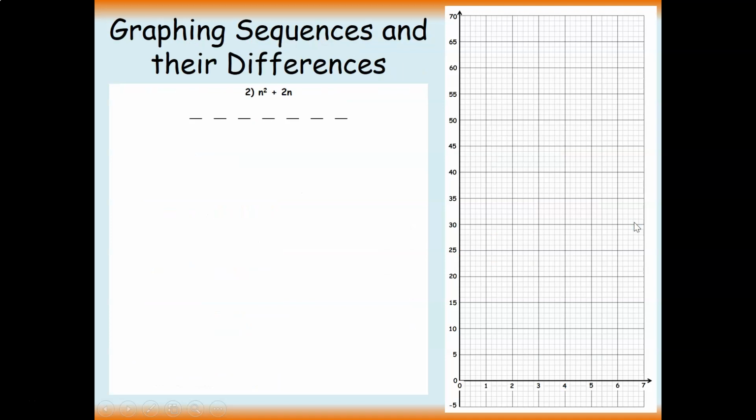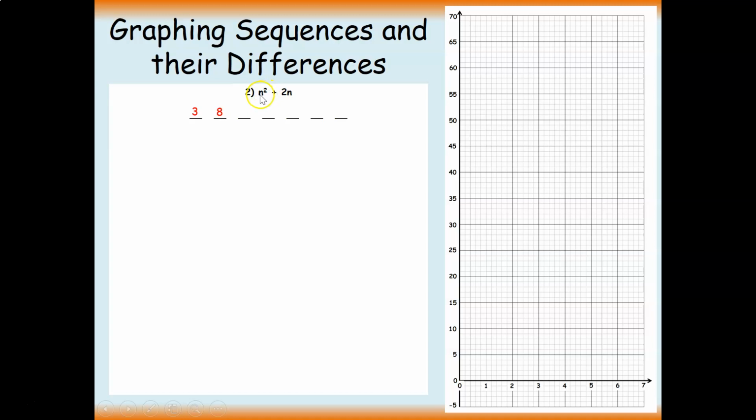Let's take another sequence. Quadratic sequence. n squared plus 2n. If n is 1, we have 1 squared plus 2 times 1, which is equal to 3. If n is 2, 2 squared plus 2n equals 8.